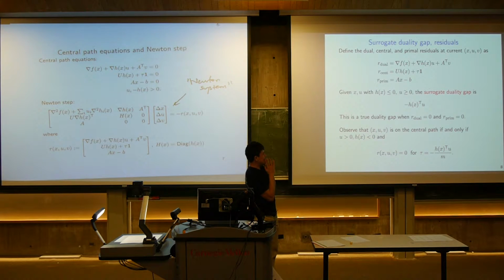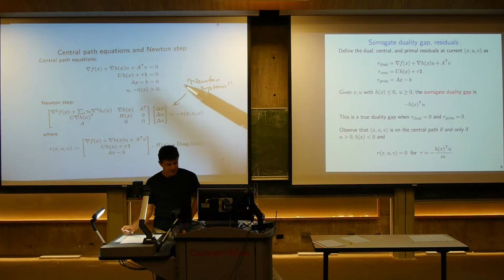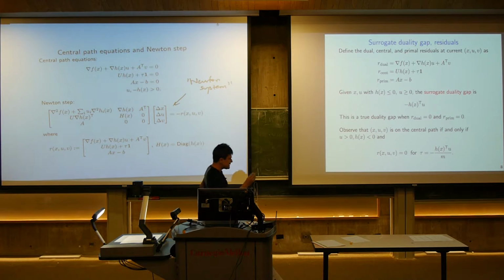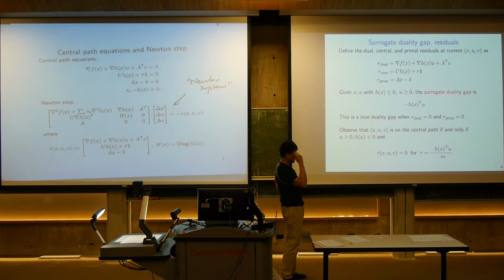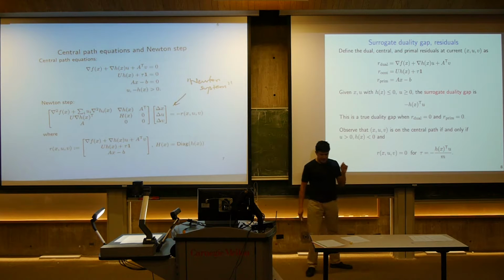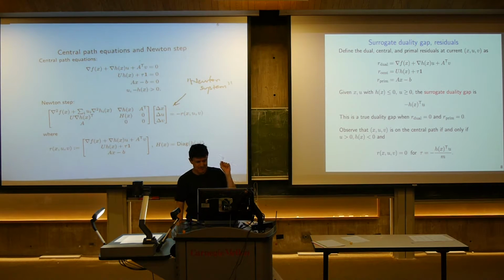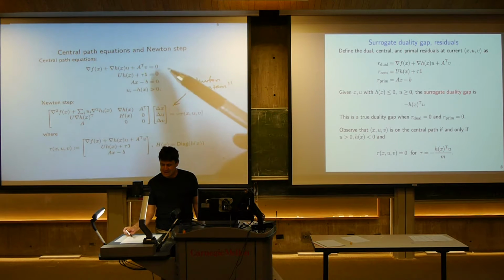Okay. One little observation that I would like to make here is a very simple observation, but I think it helps to understand the algorithm. Observe that for a triple x, u, v to be on the central path, that means that these equations are satisfied.